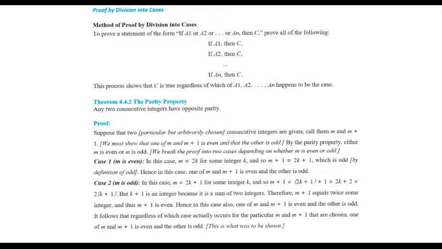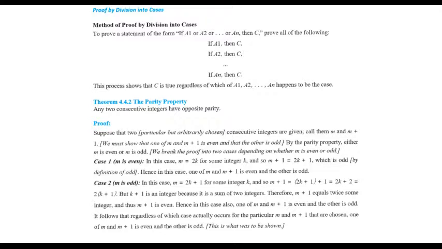But here we may have as many as n, where n is any number greater than or equal to 2, cases, right? So we have n cases, a1, a2, all the way to an, and we know that one of these n cases is true, or a few of them are true, but at least one of them is true.